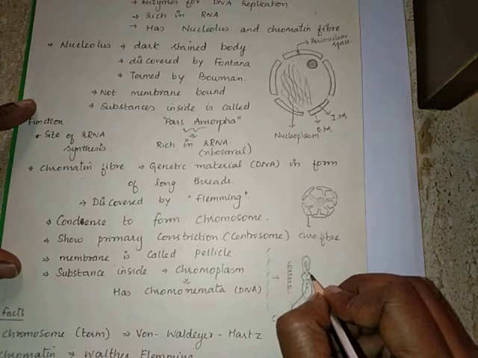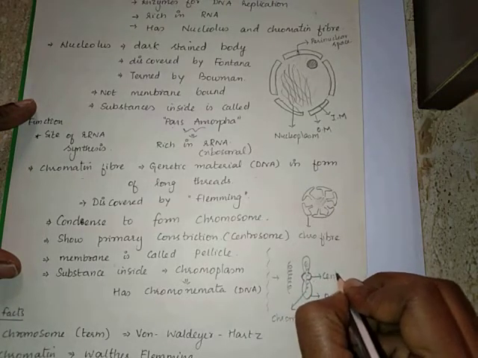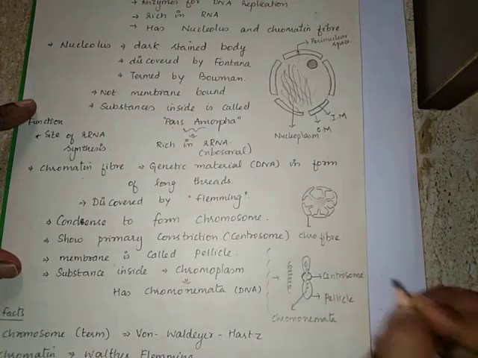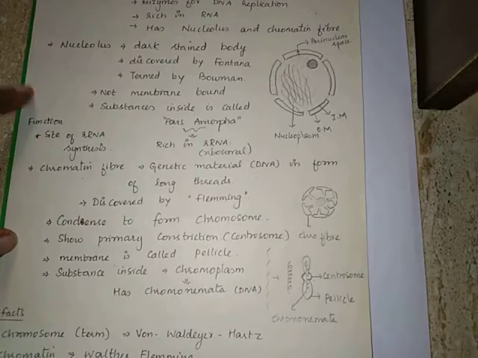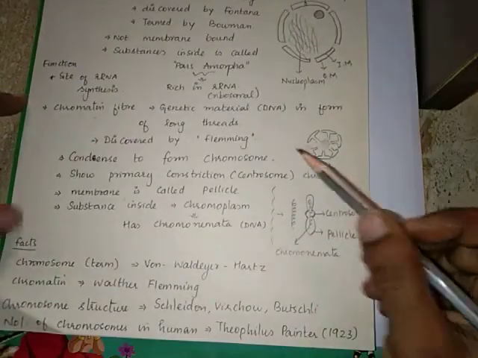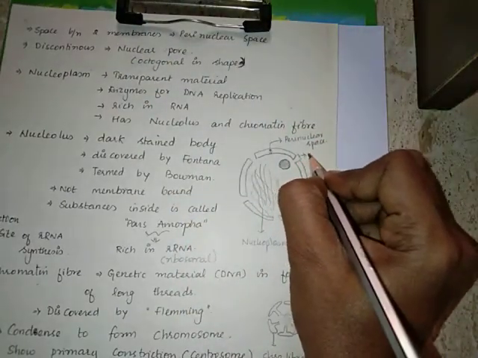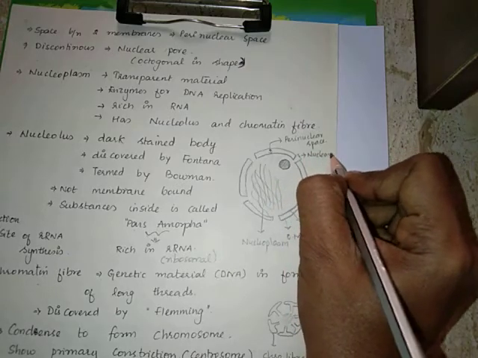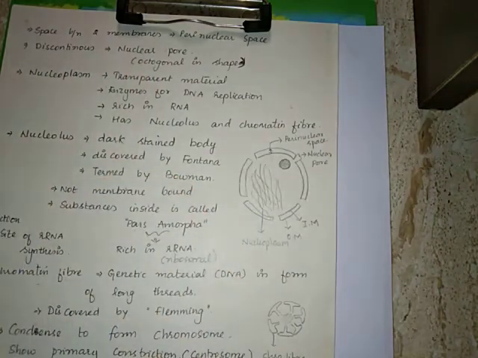And they also show a primary constriction which is called as centrosome. That is, the pellicle shows that constriction which is called as centrosome. So these are the structures that are present within the nucleus, and this discontinuous part, this opening, it is called as the nuclear pore, and this nuclear pore is going to be octagonal in shape.